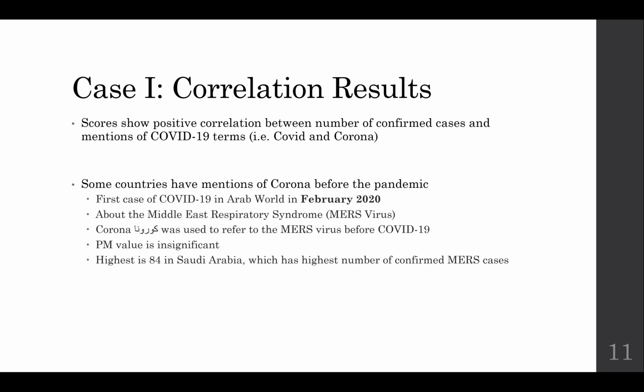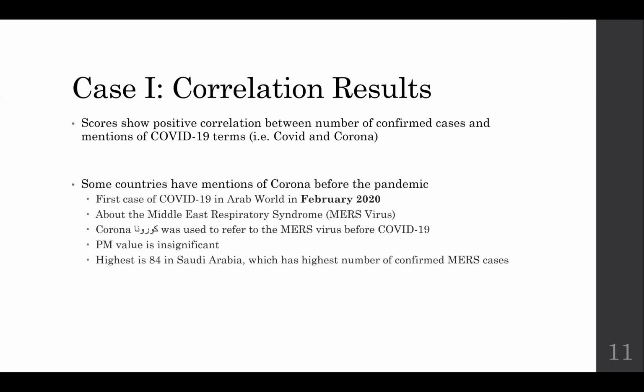So the results show positive correlation between the number of confirmed cases and mentions of COVID-19 terms. We found that some countries have mentions of Corona even before the pandemic started. Actually, the first confirmed case in the Arab world was in February 2020.